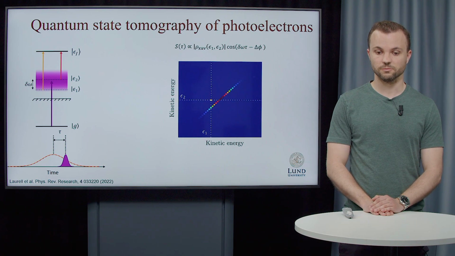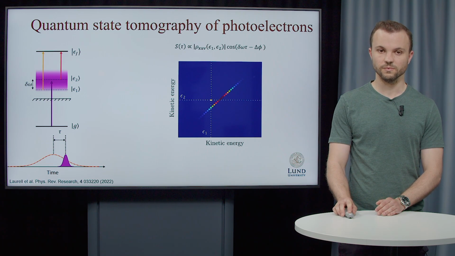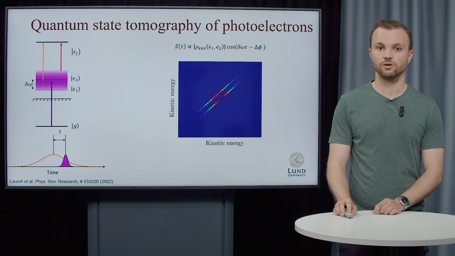So using this measurement, we now have access to one point in the off-diagonal elements. In reality, we can measure the amplitude and phase as a function of the final kinetic energy, which then gives us access to a full off-diagonal element, a full subdiagonal.